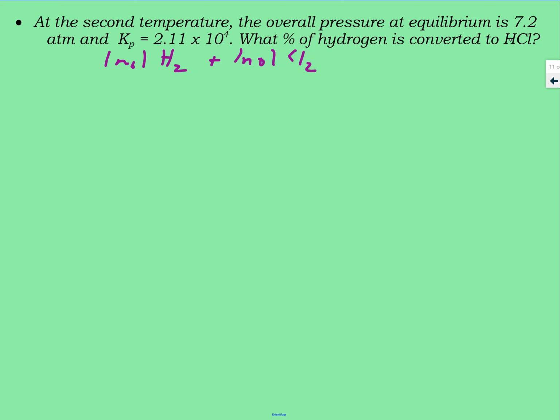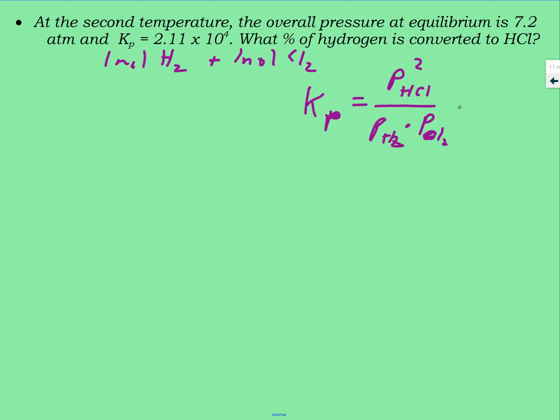So that's a good question. We know Kp. I need our equilibrium expression, which should be in pressures, from the previous slide: the HCl pressure squared over the pressure of H2 times the pressure of Cl2.